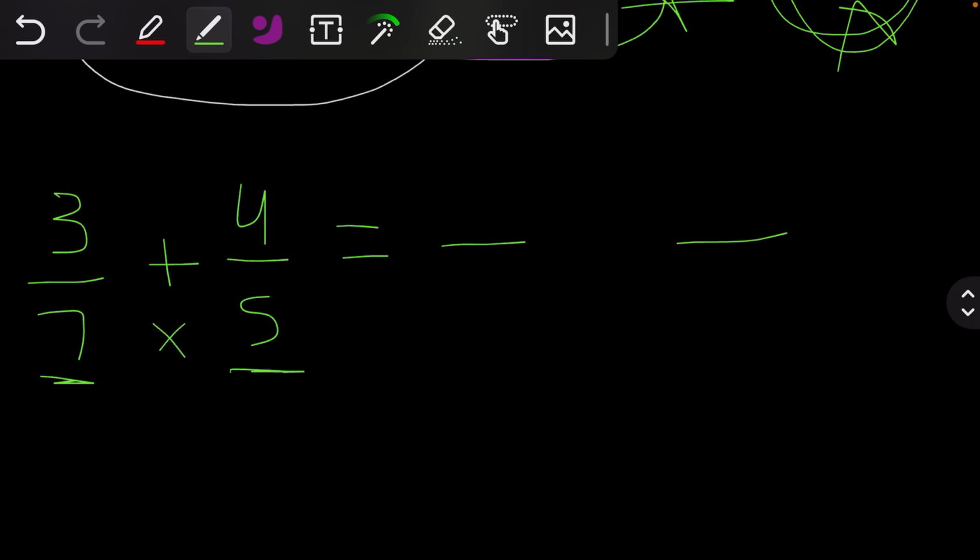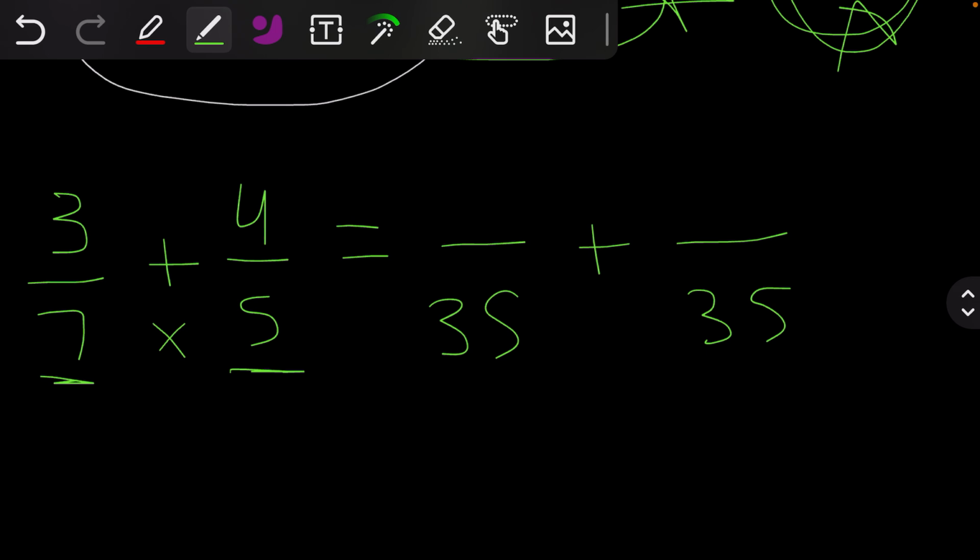And the way that we're going to address it is by simply multiplying the denominators by each other. So 7 times 5, that will be 35. And we're going to write 35 for both of those fractions as the new denominator.